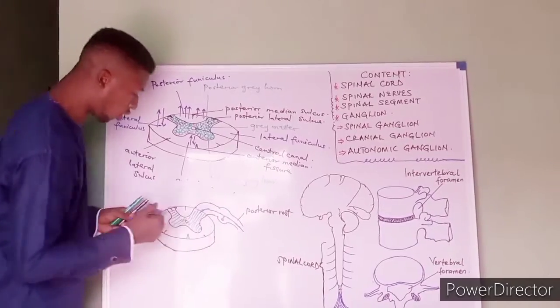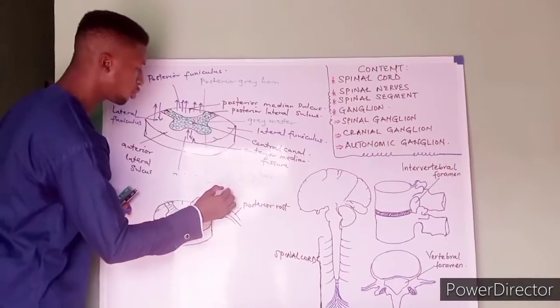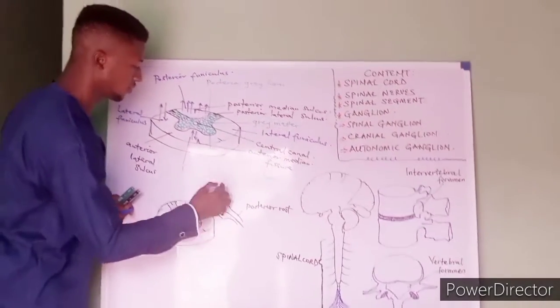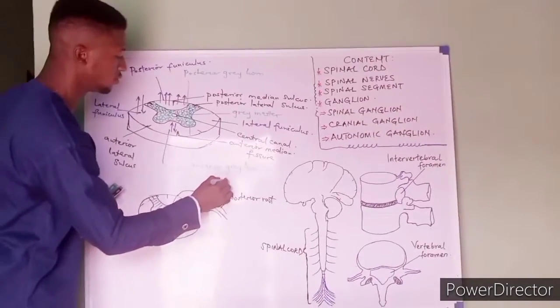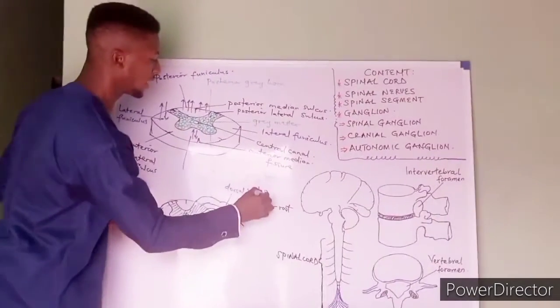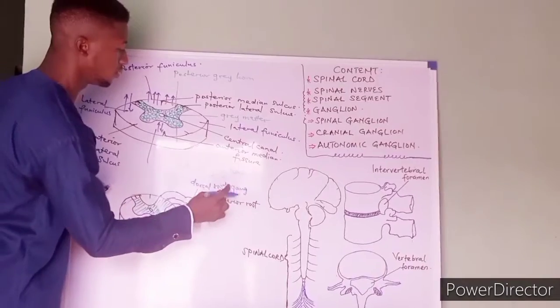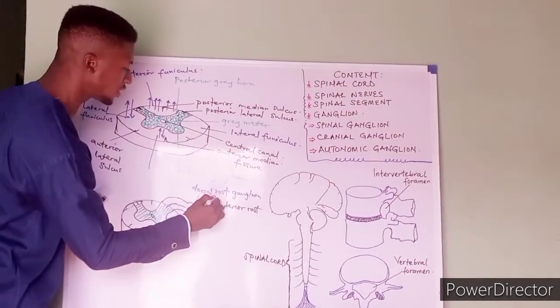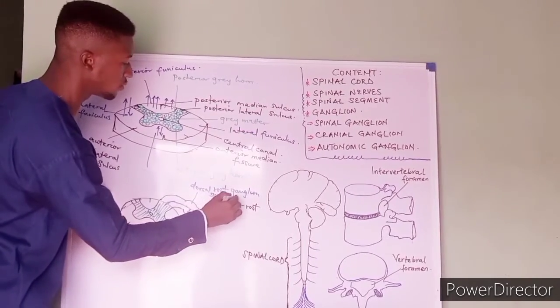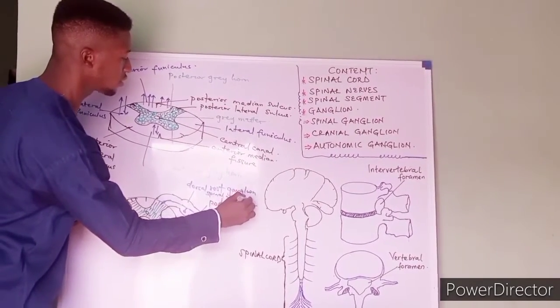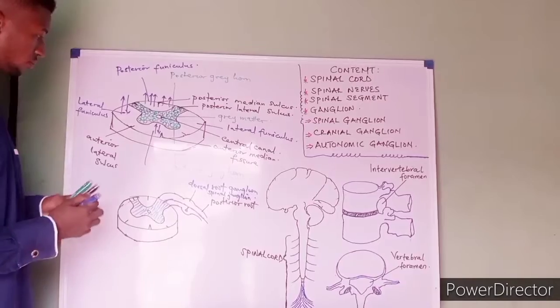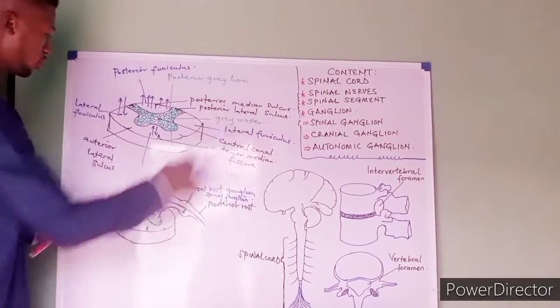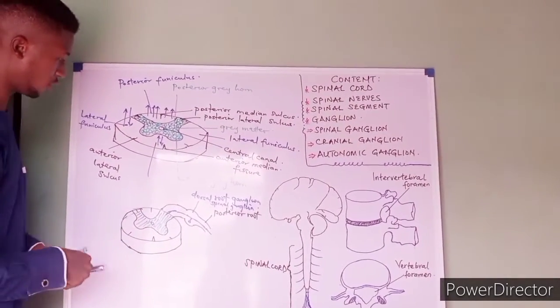This region is called the dorsal root ganglion. Another name for this is the spinal ganglion, which we're going to focus on more in the course of this video.